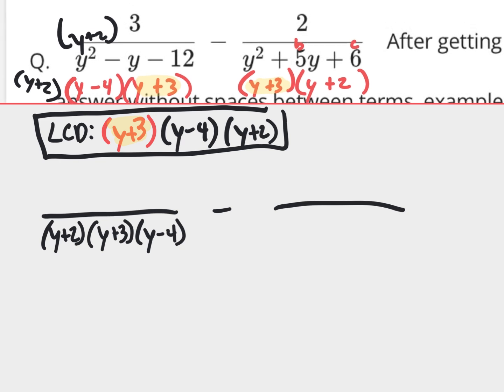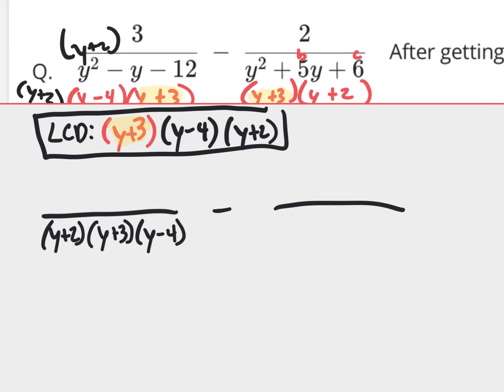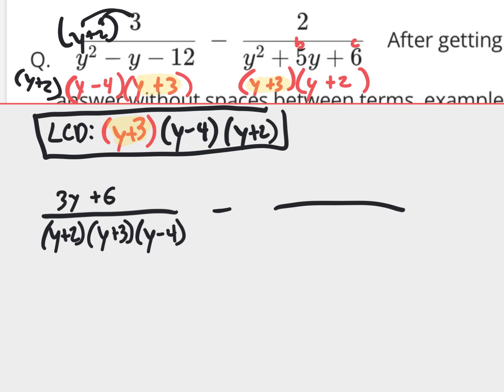And you are going to distribute 3 times y, that's 3y. 3 times 2, that's 6. And on the other one, we also want that LCD down here, so we have the y plus 2 times y plus 3 times y minus 4.